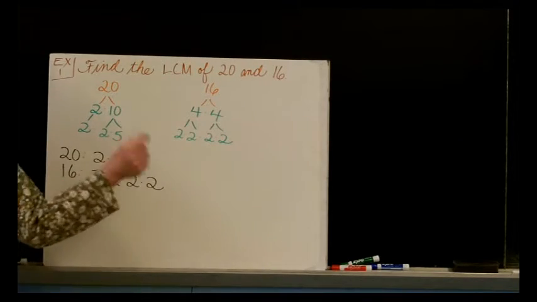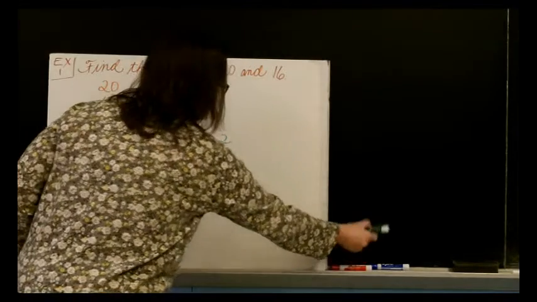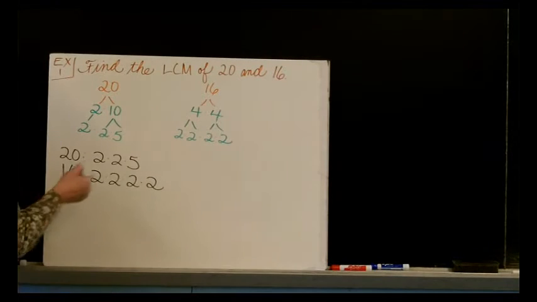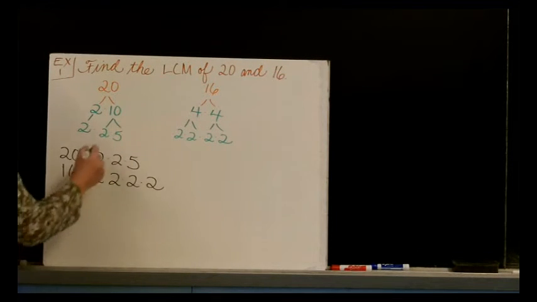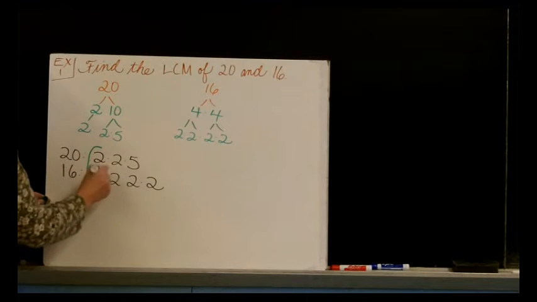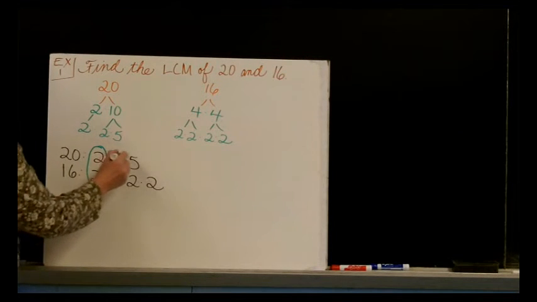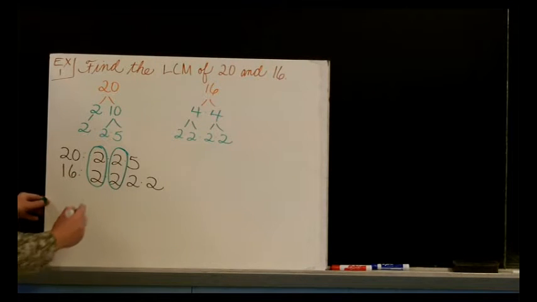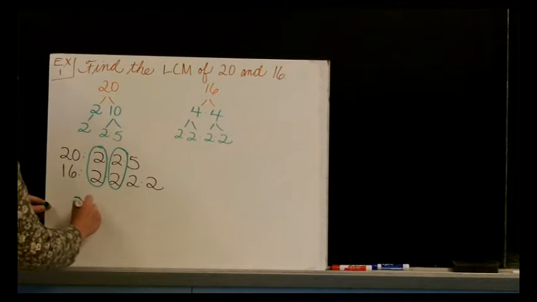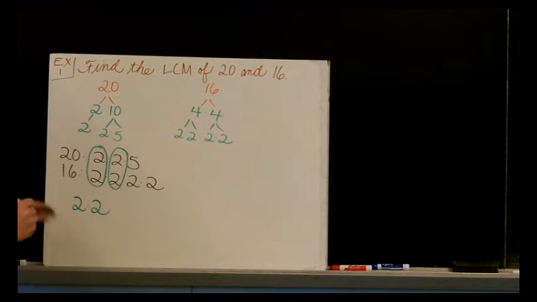Our next step, if you look at your notes, is to circle what the common factors are. Since these are not monomials, we're going right to step 4. Both the 20 and the 16 have two 2's in common.